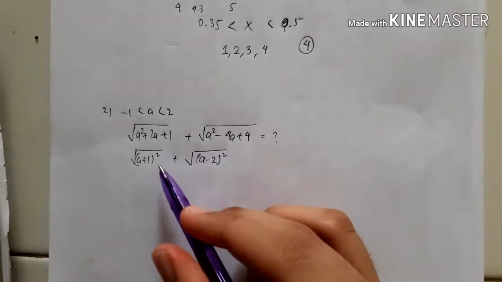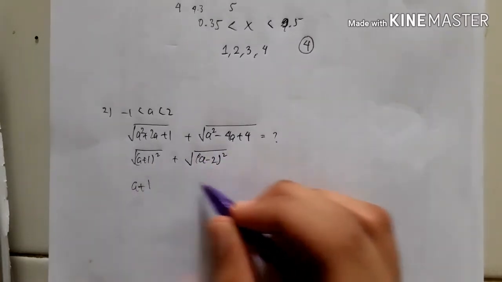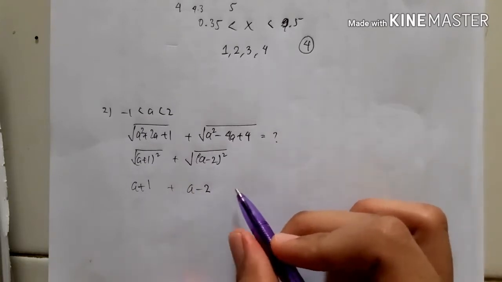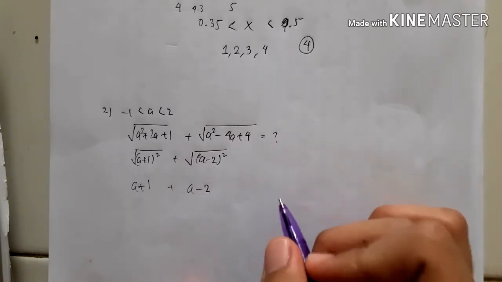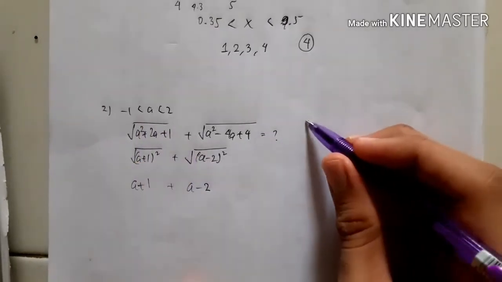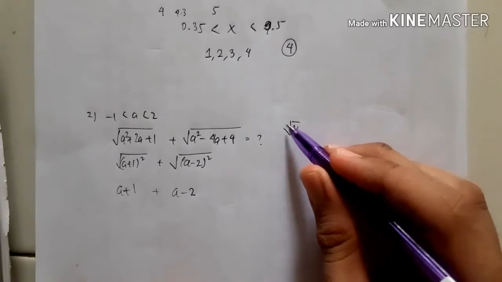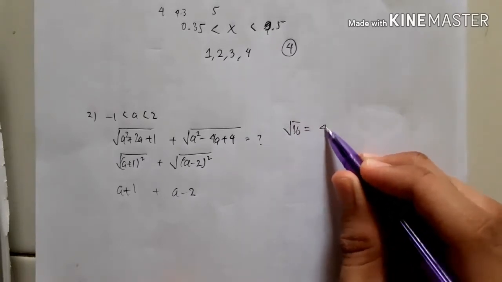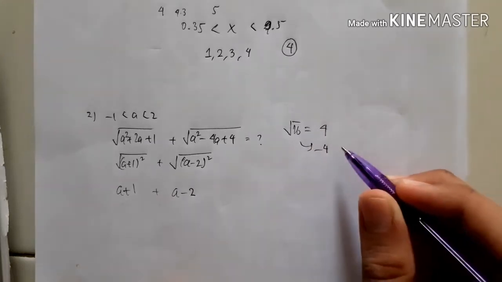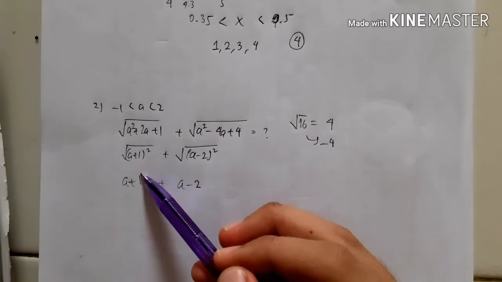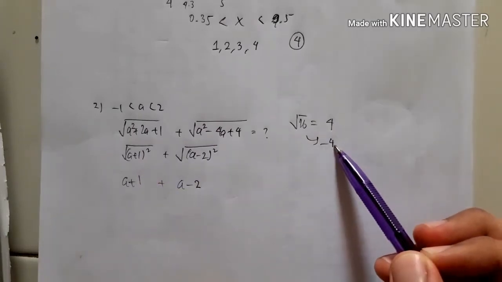Now we could not simply take the values that way, because then the value would be 2a minus 1. But a is in the interval. Because the square root of something, for example root 16, can be equal to 4 and minus 4.